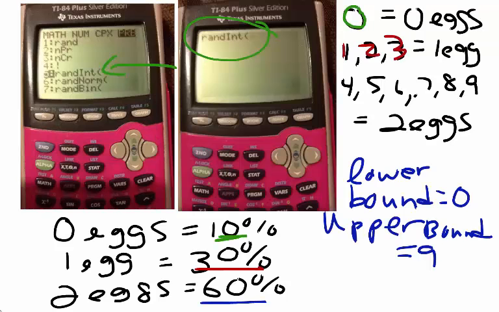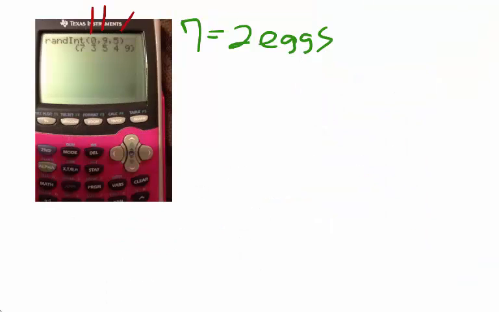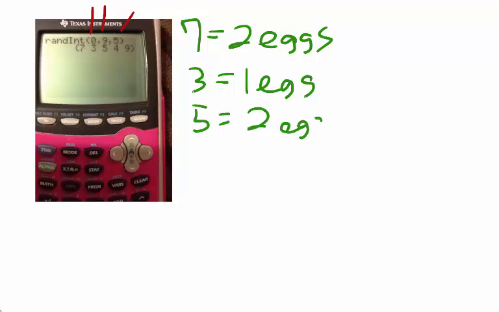Here we have 7, 3, 5, 4, 9. Recall that 7 corresponds to finding 2 eggs, as we can see here. 3 corresponds to 1 egg. 5 corresponds to 2 eggs. 4 also corresponds to 2.